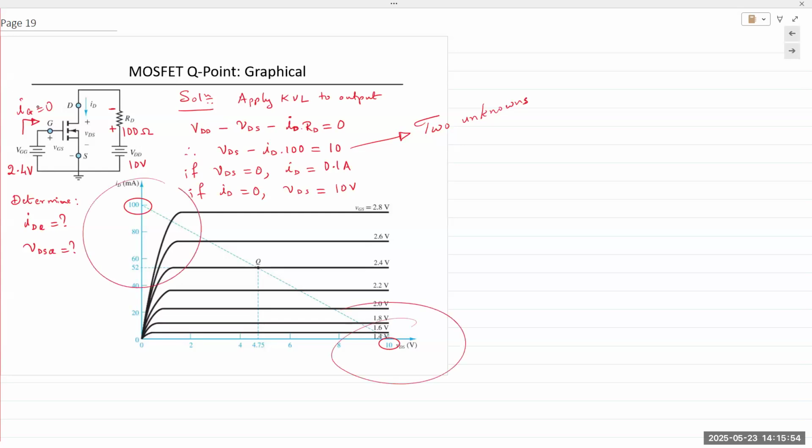So right here and right here. So we plug in VDS equals 0, obtain ID. Then we plug in ID equals 0 and obtain VDS. Those two values correspond to these two points on the graph.